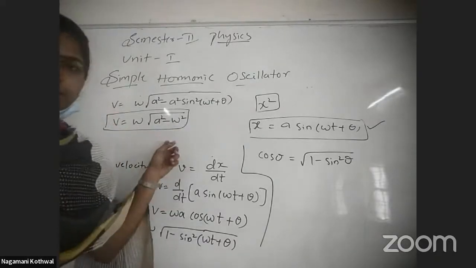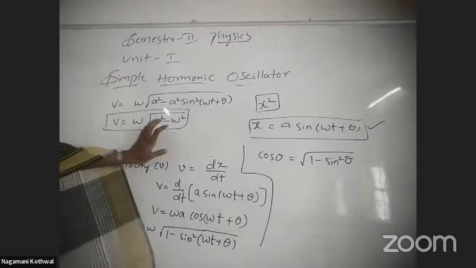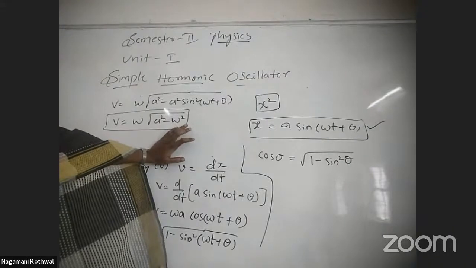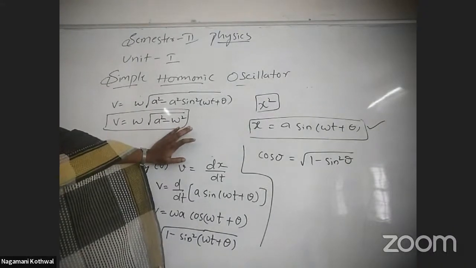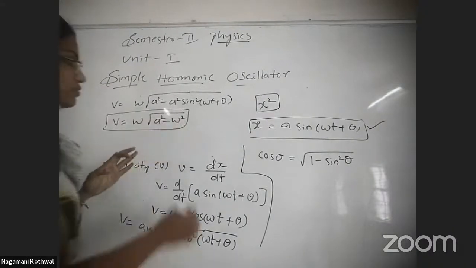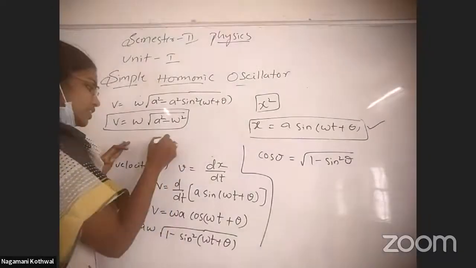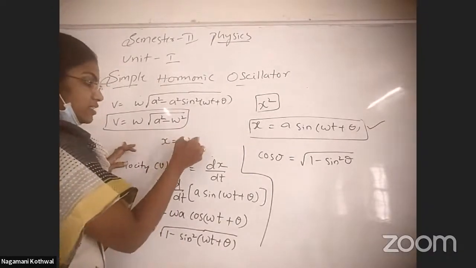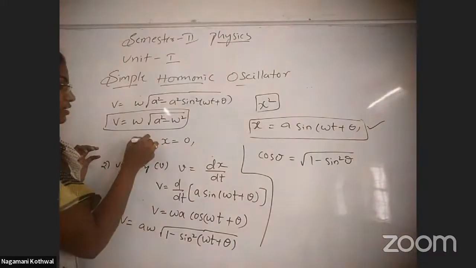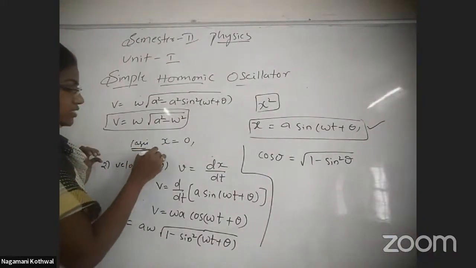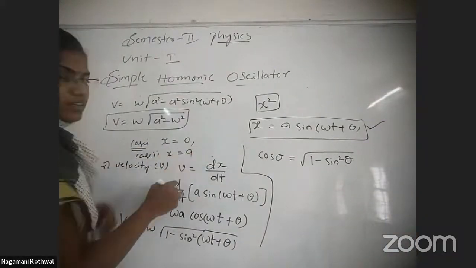Do you understand that? Okay, good. Here you will have two conditions, case 1 and case 2: when x equals 0 at the mean position, and when x equals a at the extreme position. Just substitute x equals 0, that is case 1, and case 2 is x equals a.